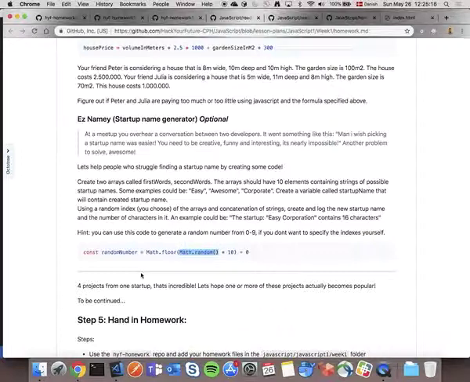And this Math.random basically gives you a random number. It has some input parameters that you can use to say what the random number is, from where to where.